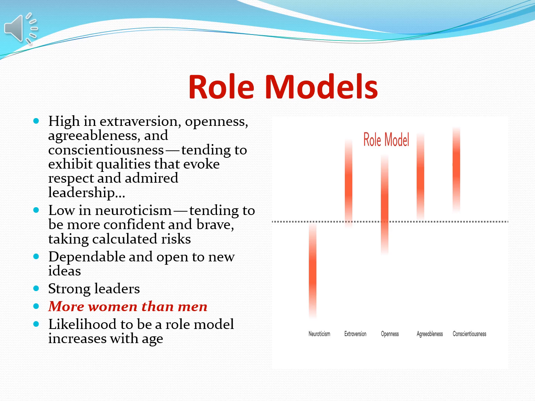They are dependable, open to new ideas, strong leaders, and according to research, there are more women than men in this category of personality types. The likelihood of being a role model increases with age. As they grow, they become more mature and act more like role models.